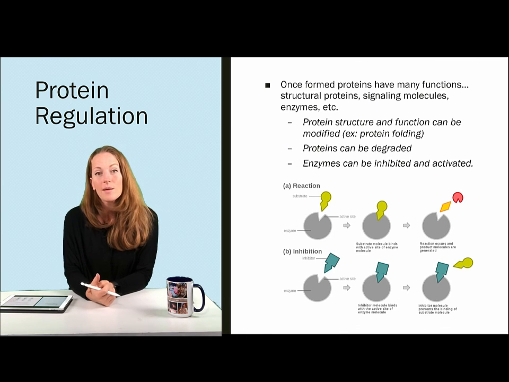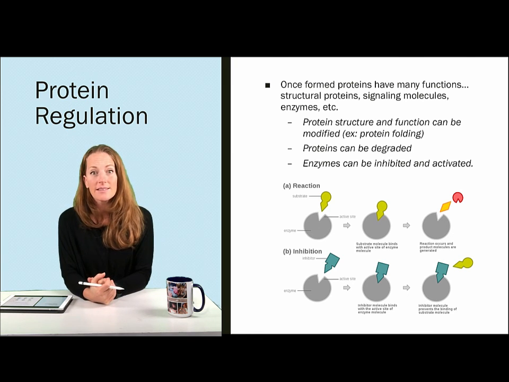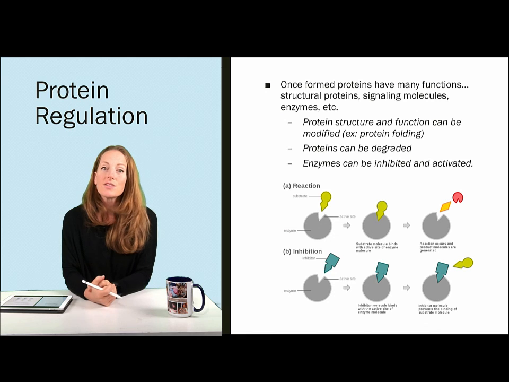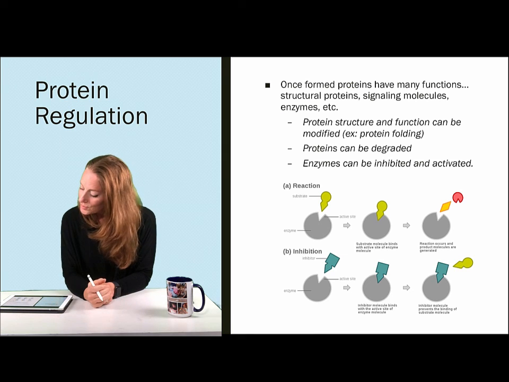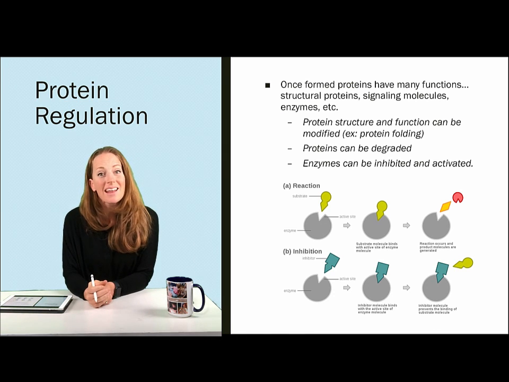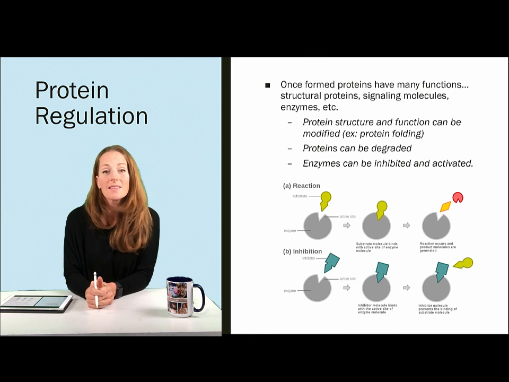And lastly, protein regulation. So as I said a few slides ago, we can't forget that the protein itself can be modified. The structure of the protein and the protein folding can modify its function. The actual protein can be degraded. Remember proteasome and other degradation mechanisms within the cell.